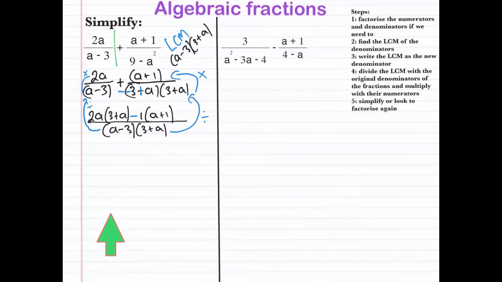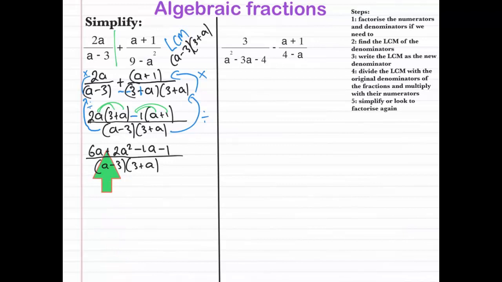So now here we go. I just quickly take this as a distributive law, so that becomes 6a plus 2a squared, and then distributive law here becomes a minus 1a and a minus 1, and we still have the same denominator, which is the LCM, and there we go. And let's add and subtract like terms with like terms.